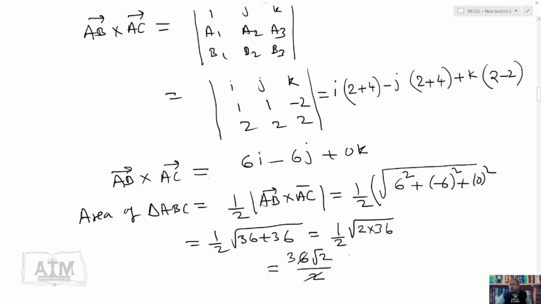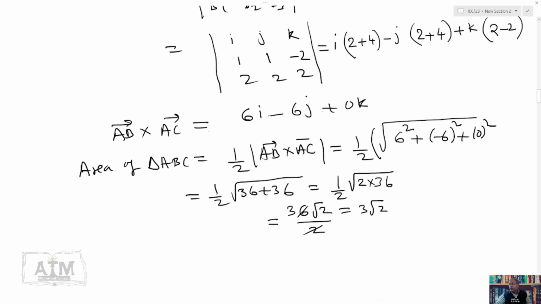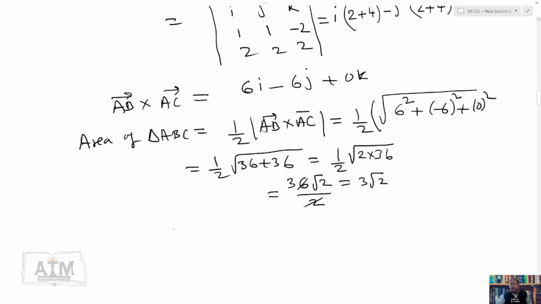Here, cancellation gives 3 root 2. Therefore, the area of triangle ABC equals 3 root 2 square units.